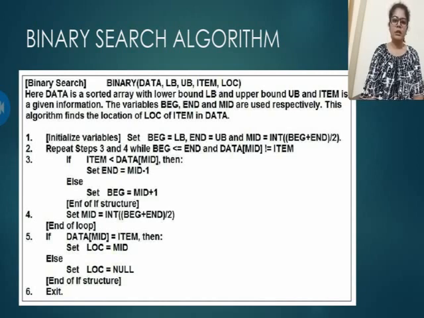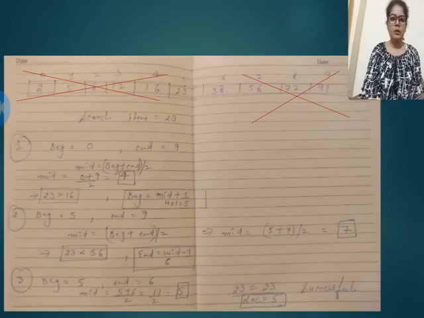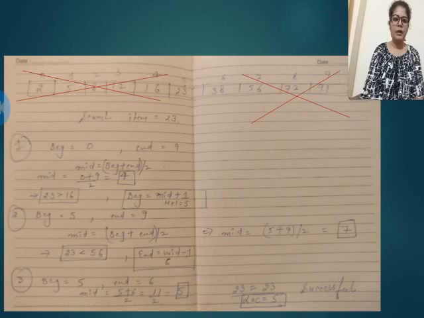Step number 5 is, if data mid is equal to item, then set location equal to mid. For example, look at step number 3. Mid was 5 and the element at mid is 23.